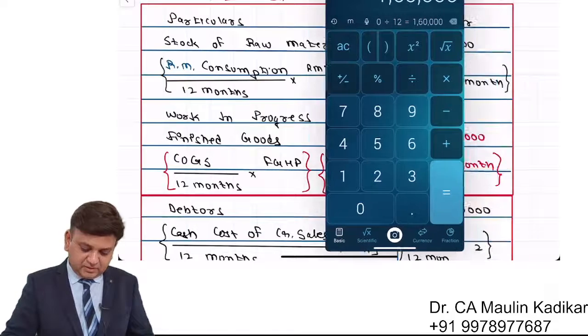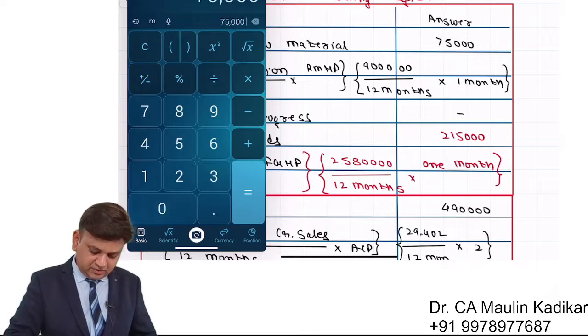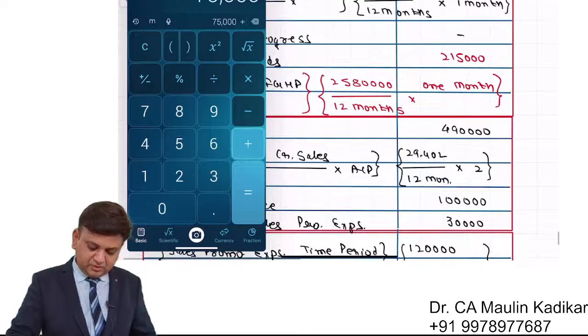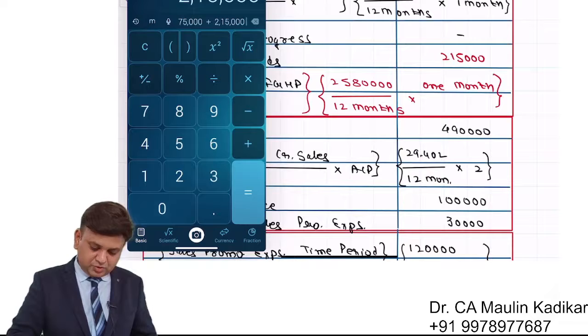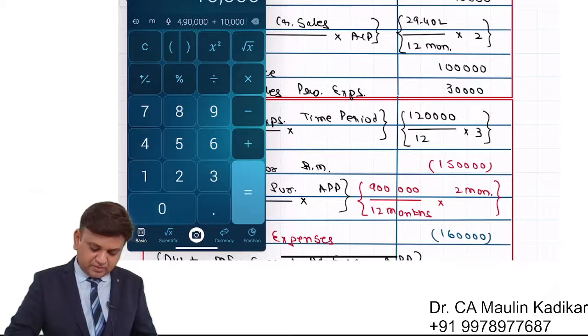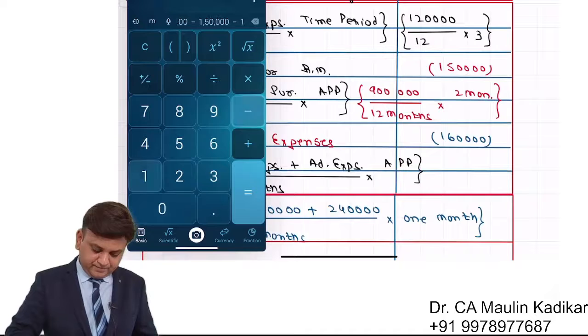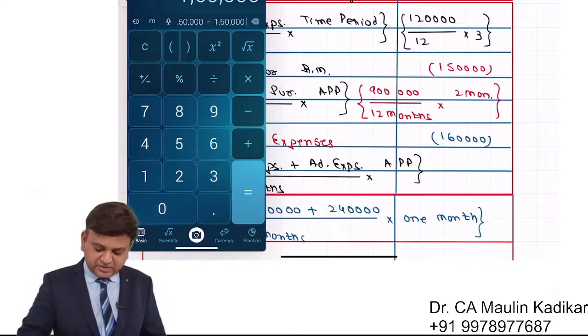We'll start with the raw material stock 75,000 plus WIP 0, finished goods plus debtors, 1 lakh rupee is cash balance, prepaid sales promotion expenses 30,000 minus creditors 150 minus creditors for expenses 160.